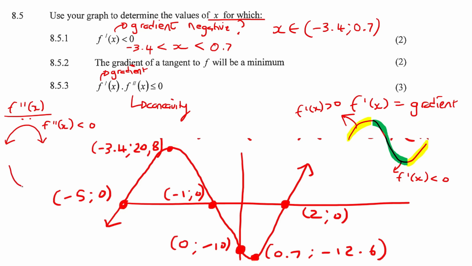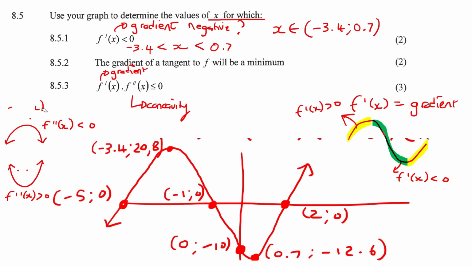And then areas like this where there is a smiley face or a happy face, that is where your second derivative is positive. So areas like this are sad. Areas like this are happy. The place where they switch from sad to happy or happy to sad is called the inflection point, which is usually somewhere like there. Okay? So you need to understand those two things to be able to easily do this next question.